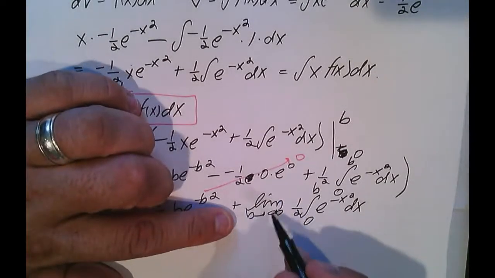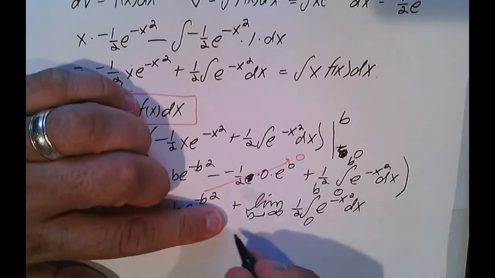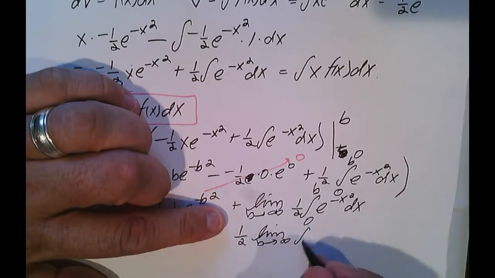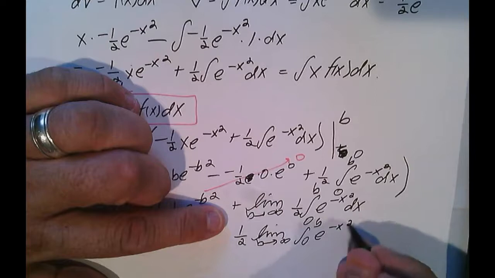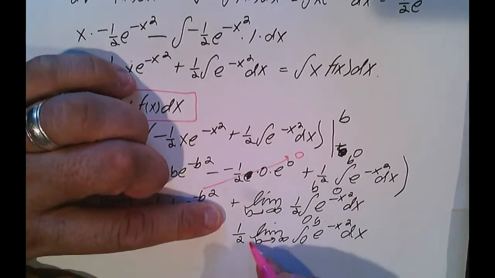This limit as b approaches infinity of 1/2 the integral from 0 to b, I'm going to rewrite this as 1/2 the limit as b approaches infinity from 0 to b e to the negative x squared dx. Well, what is this?